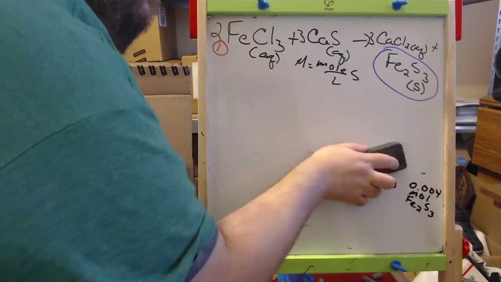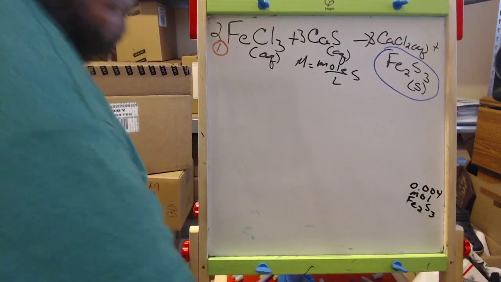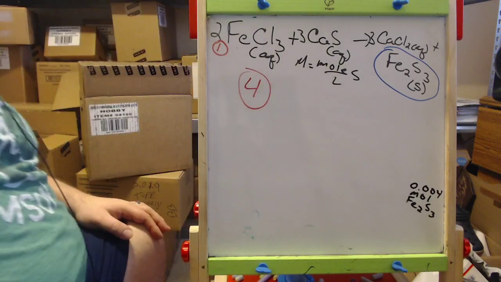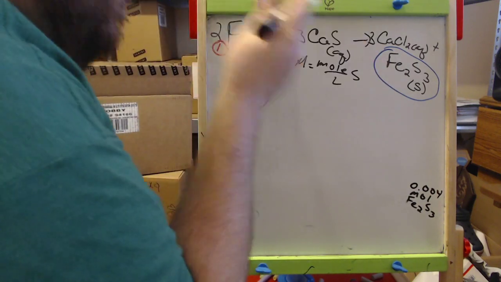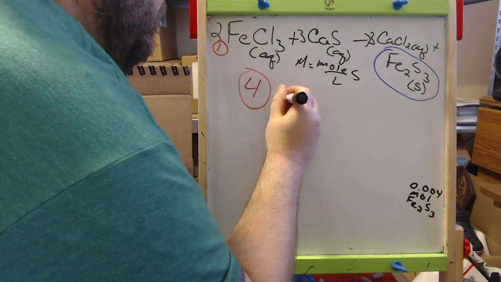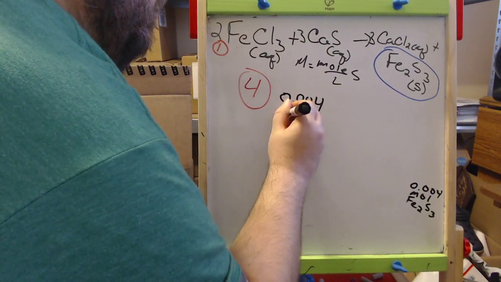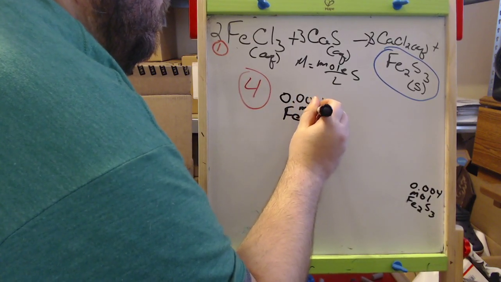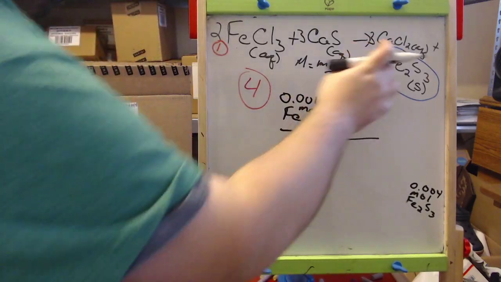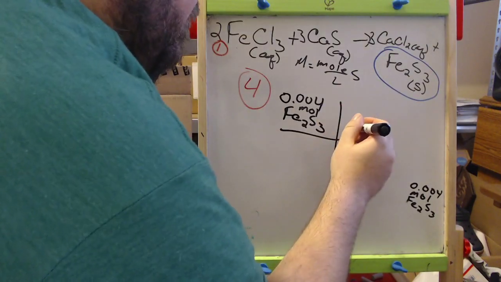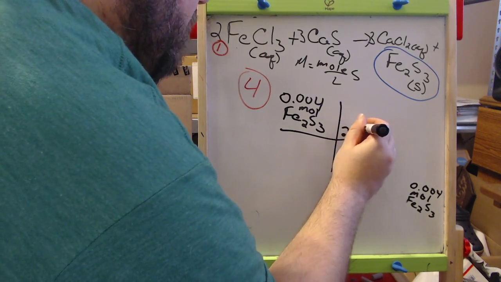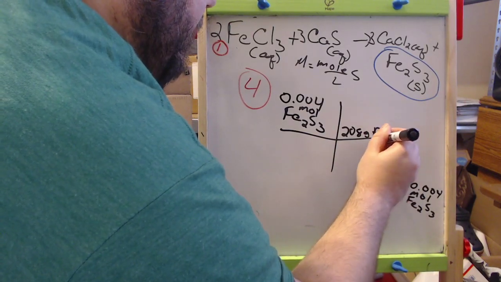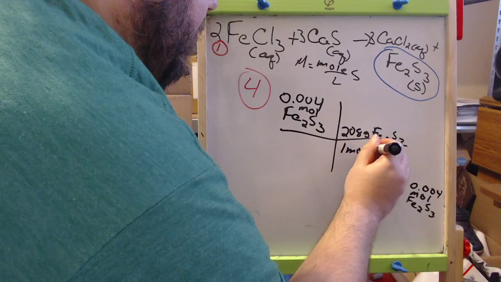Okay, so our last step, I'm going to erase this here. We have that 0.004 that we found. Our last step, step 4 then, is to take our limiting reagent product prediction, the 0.004 of iron sulfide, and use the molar mass of iron sulfide. So 2 irons plus 3 sulfurs, and I just looked it up, it's 208 grams of Fe2S3 per 1 mole of Fe2S3.